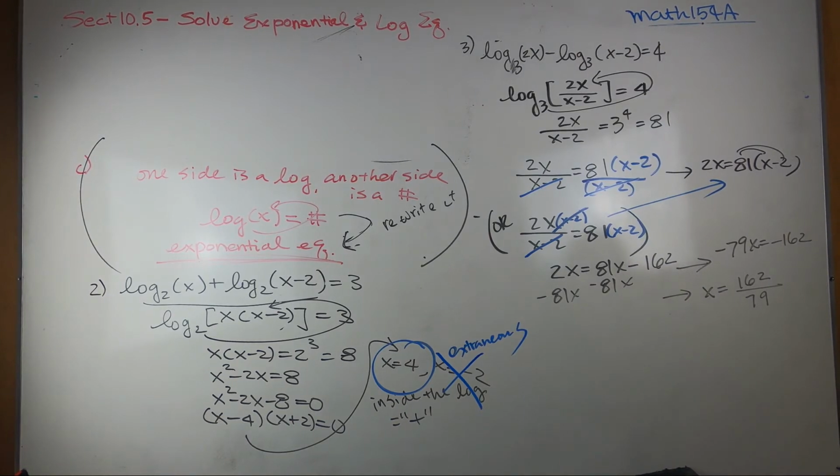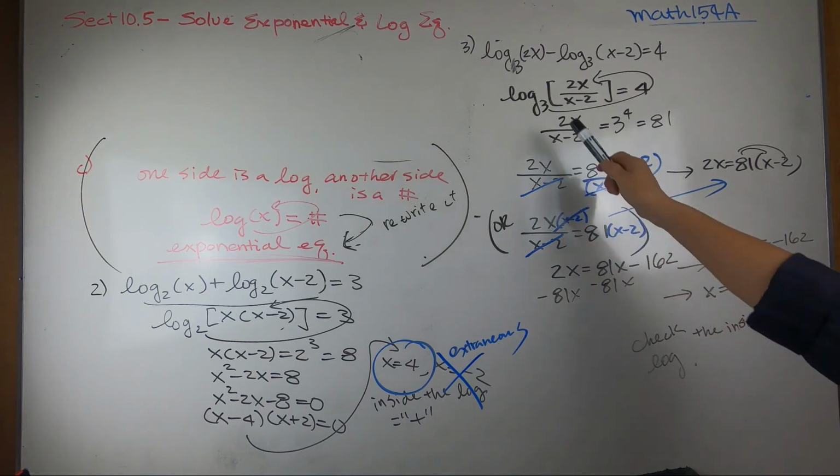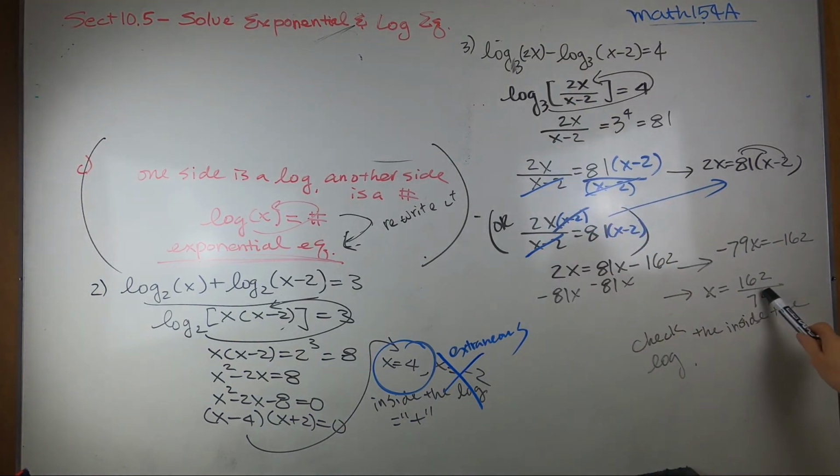Okay? Before we circle the answer, we need to check the inside of the log. This is positive, times 2 still positive. This one, x minus 2: x is about 2 point something, because 2 times 79 is 158, right? So it's bigger than 2.